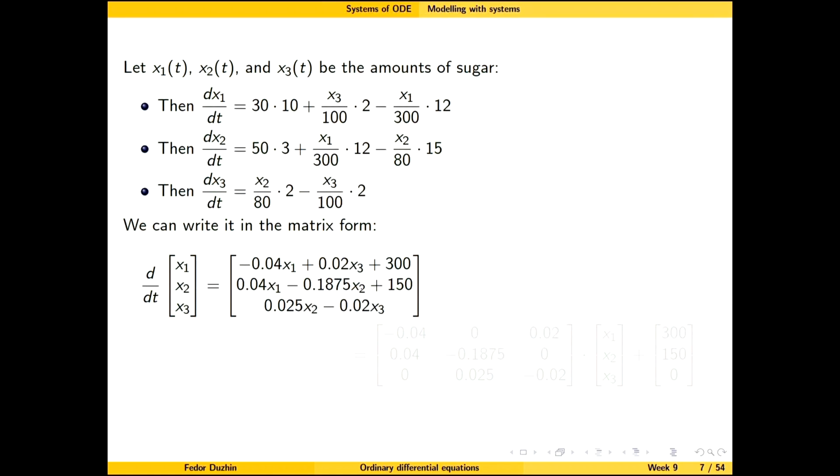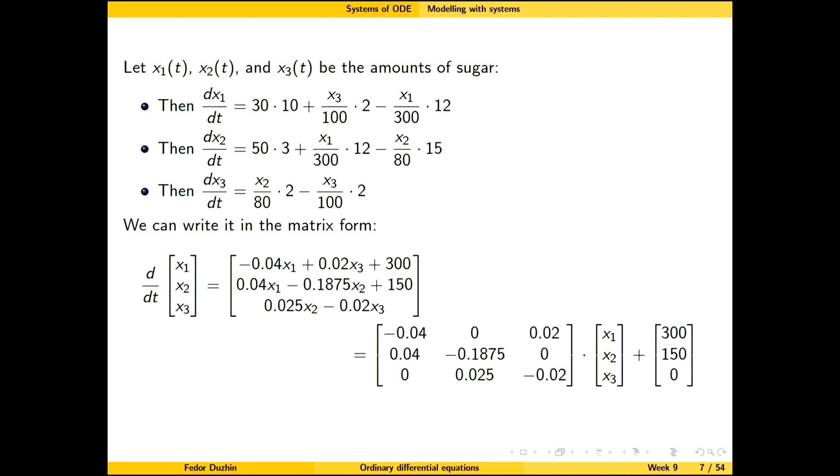Then we can write the system in matrix form like this. Notice that the right-hand side of the system is just linear equations in x1, x2, and x3. So we can rewrite it as a matrix times x1, x2, x3 plus this constant vector 300, 150, and 0.